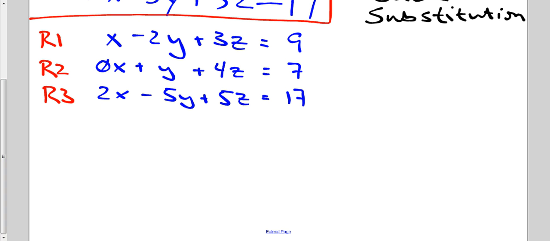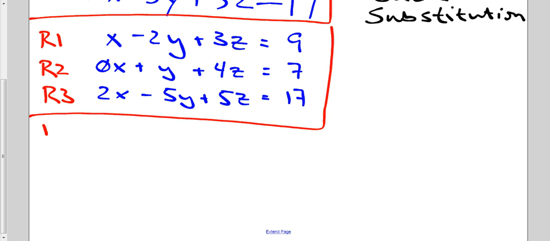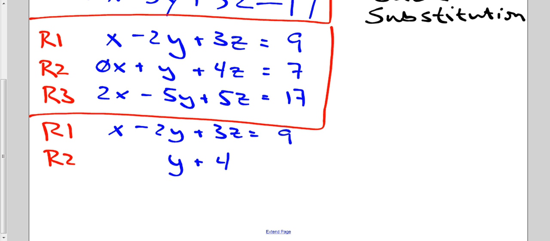So here's what I'm going to do. My row 1's going to stay the same. So row 1 is going to stay x minus 2y plus 3z equals 9. Row 2 is going to stay the same, and that is y plus 4z equals 7.